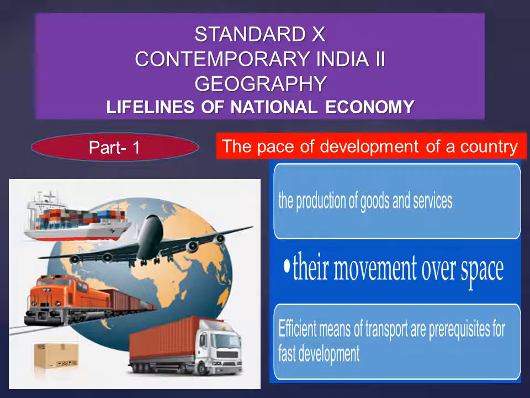Movement of goods and services is over three important domains of our earth: land, water and air. Based on these, transport can also be classified into land transport, water transport and air transport.